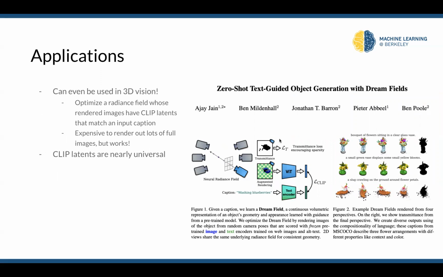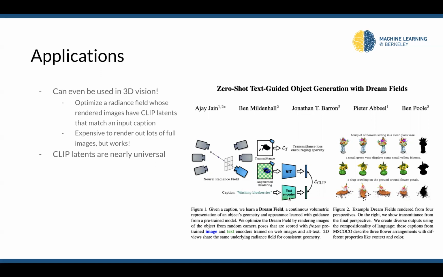This is also very much applicable in the world of 3D vision, where we talked a little bit about NeRFs. You can optimize a radiance field with the loss function being that we want the rendered image to match the CLIP latent corresponding to an input caption that we give. So say we start with literally nothing except for the caption "washing blueberries," and we want to create an object that looks like blueberries that are being washed.